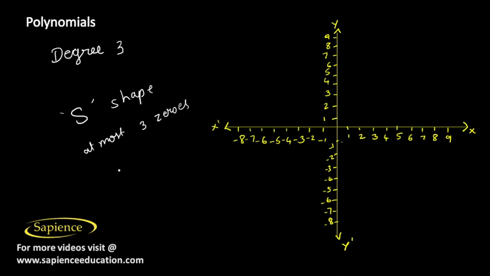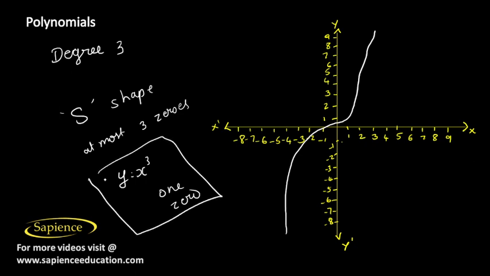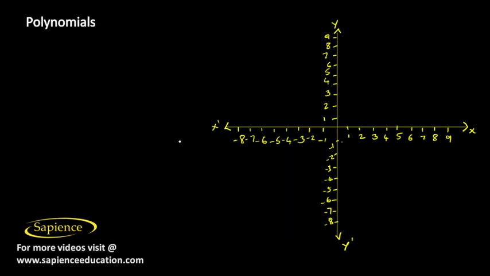We have an example, y is equal to x cube, and the graph will look something like this. So it is an S shape, you can see there are two bends, and it has only 1 zero. The polynomial x cube has 1 zero.